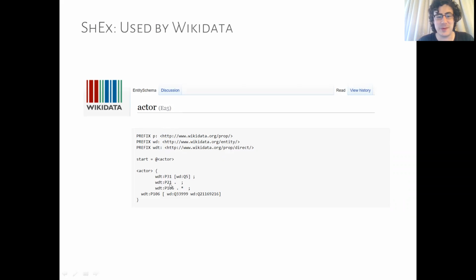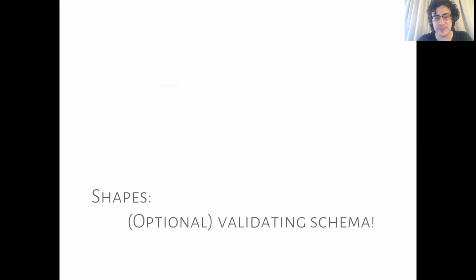P21, I don't remember what it is, or P106, but I guess P106 must be acted in, or something like that. Or maybe not. Profession, I guess, might be. Profession, actor, or something like that. Okay. So users have started to define shapes for Wikidata to help bring structure.